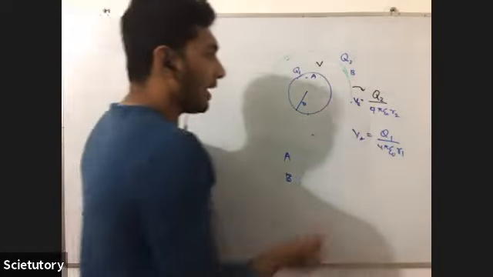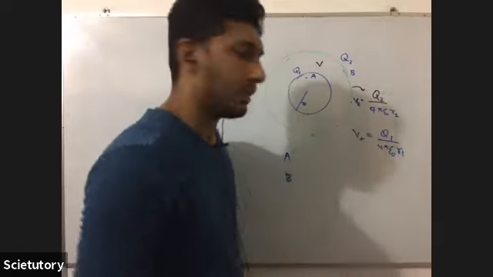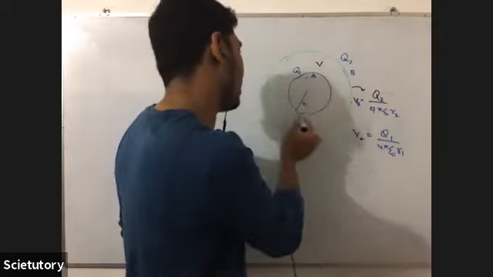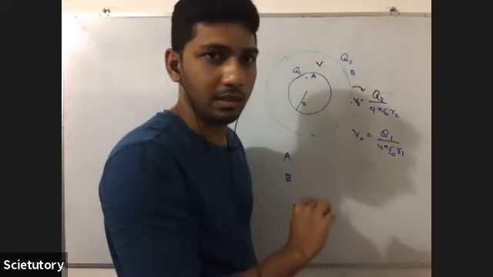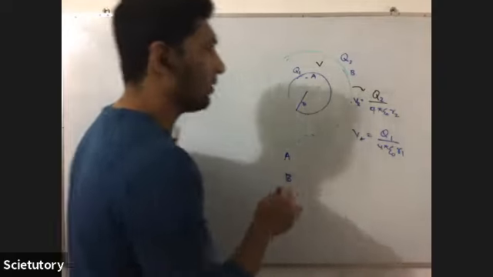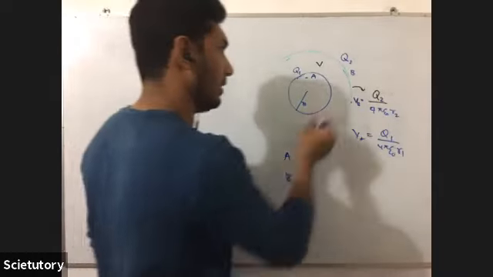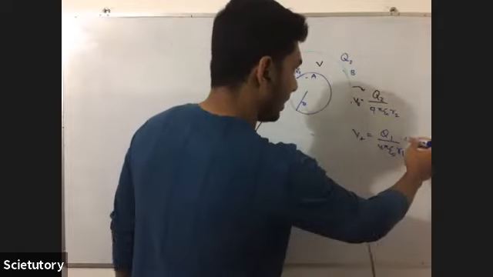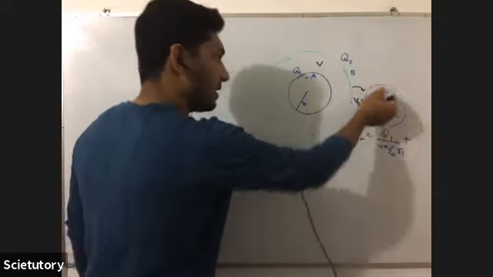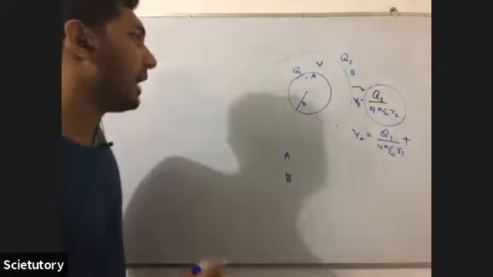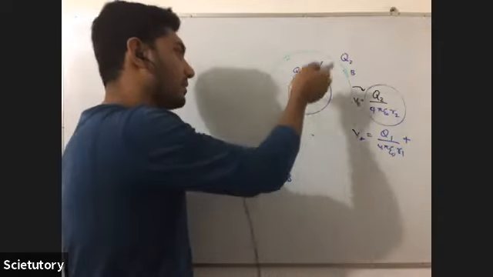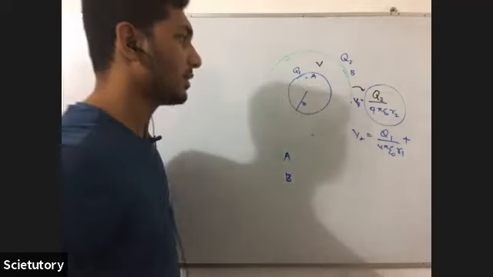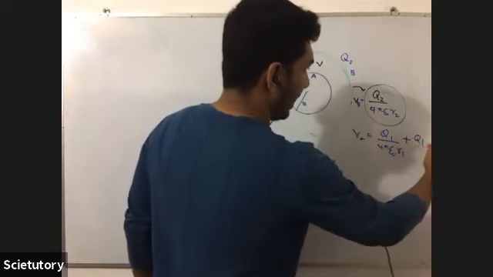But it's wrong. Why? Because I have only considered the charge on A, but there is always a potential due to the outer charge also, the charge on B. So this potential of B should be added to all the points inside that shell B. A is inside B, no? So this should also be added.